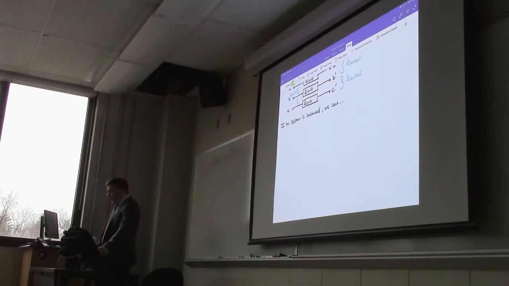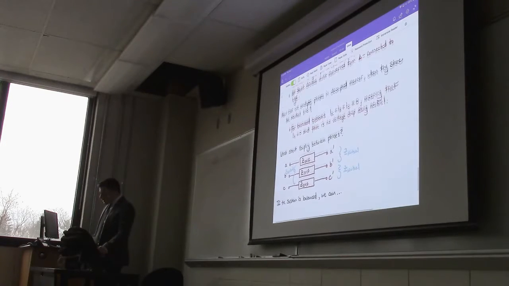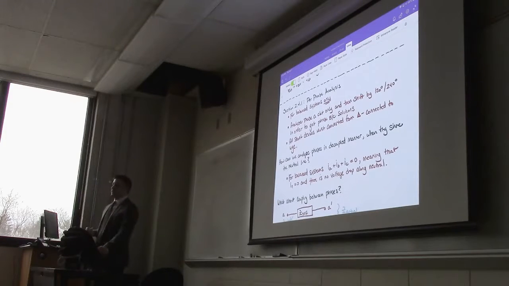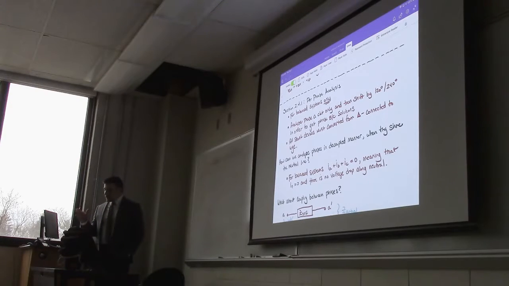So where we left off last time, we were essentially talking about per phase analysis. What we saw was that, especially in transmission systems, less so in distribution systems, we're going to be dealing with a three-phase representation, right?